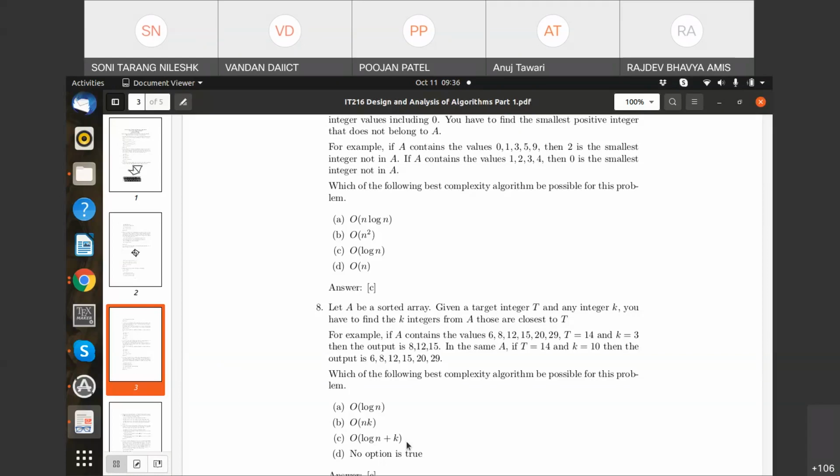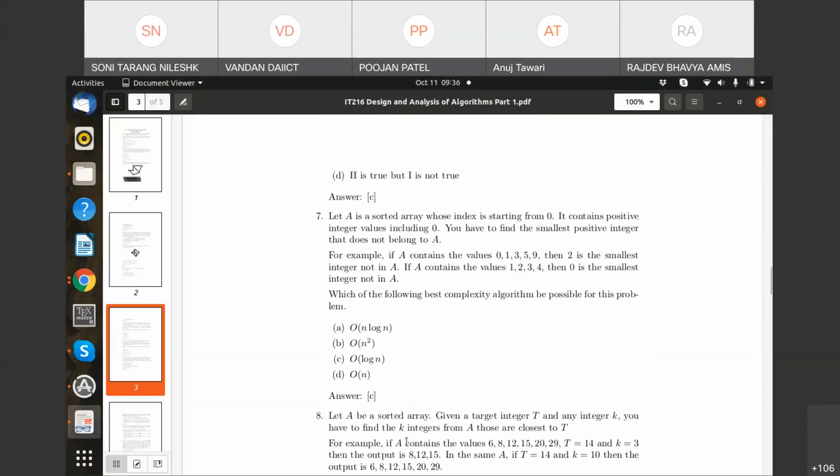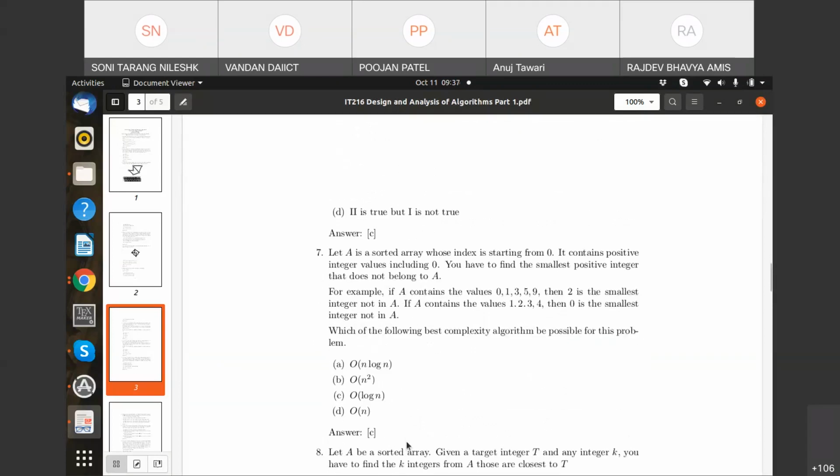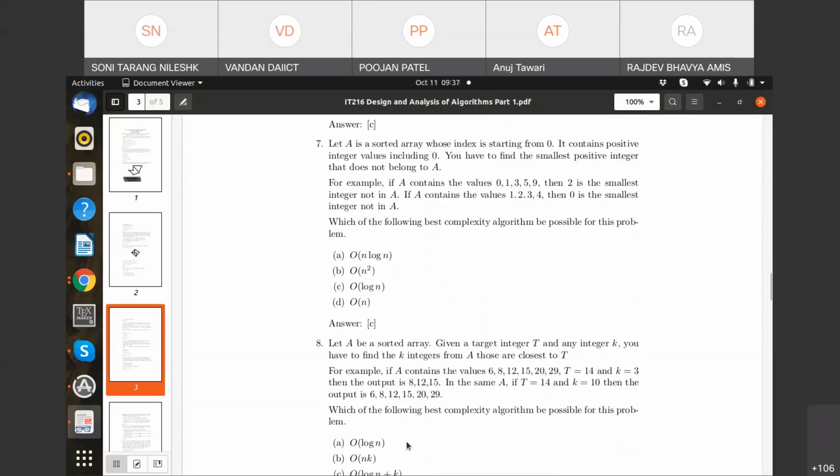I will also share your marks report, and wherever the answer key is wrong, don't worry. You'll get the marks for the right answer. But still, I was expecting someone to get full marks in this paper, but somehow that didn't happen. Or at least 35 plus. But you can try in the end sem.